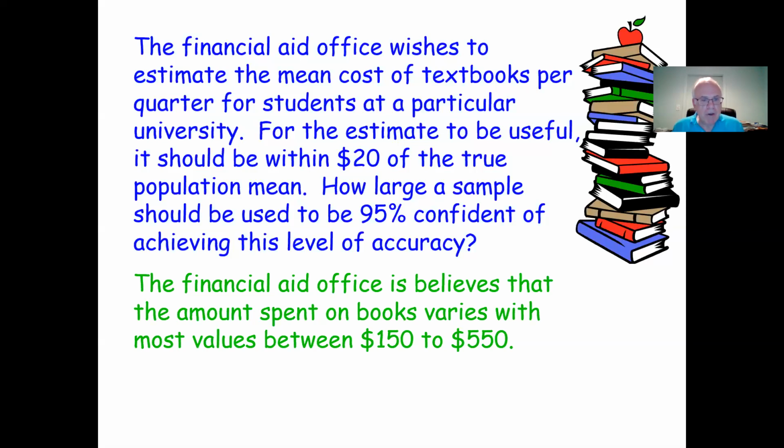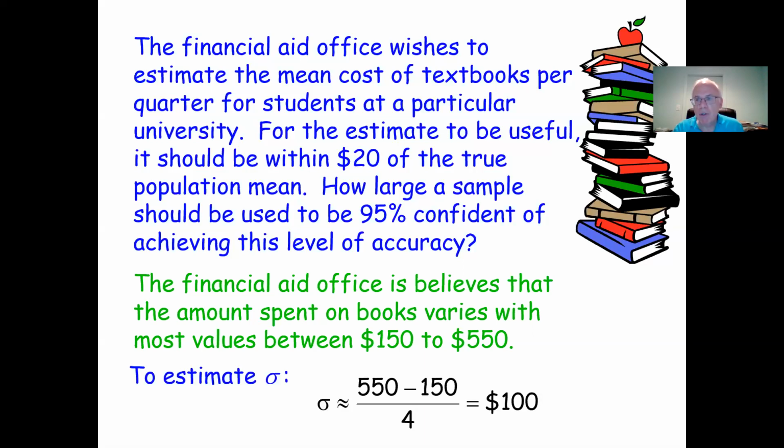It says the financial aid office believes that the amount spent on books varies with most values between $150 and $550. So to estimate sigma, you subtract those two numbers and divide by 4.